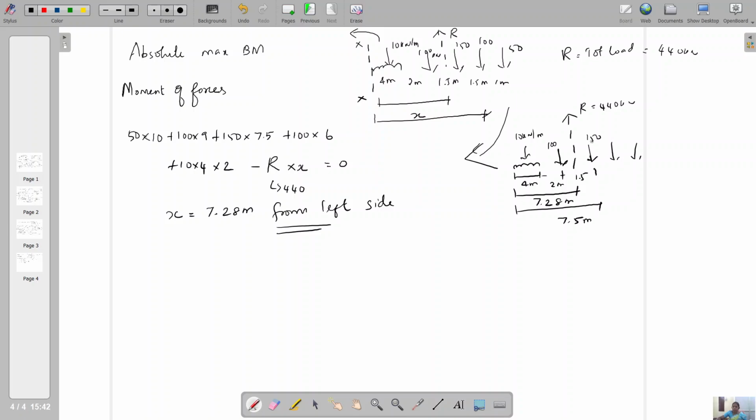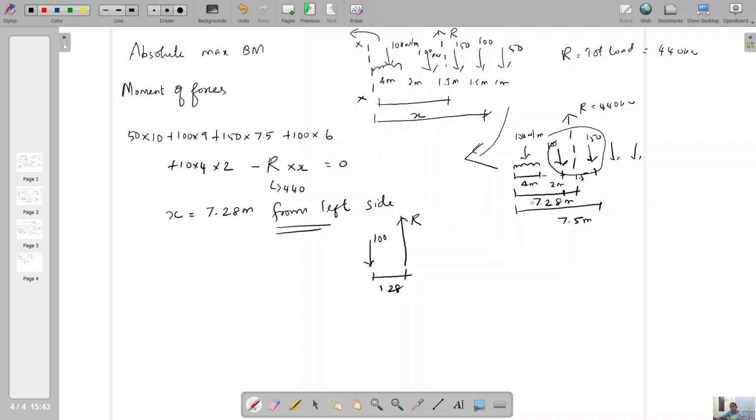Okay, and now you consider this item separately. If you deduct 7.28 minus 6, 1.28 is the distance between the 100 kilonewton and the resultant, because already 6 meter is included.